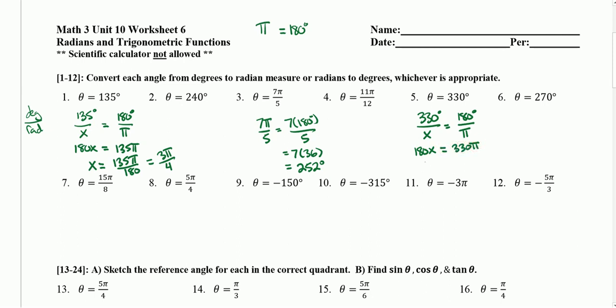Divide by 180 and you get x is 330 pi over 180. We can divide top and bottom by 30 and we get 11 pi over 6.